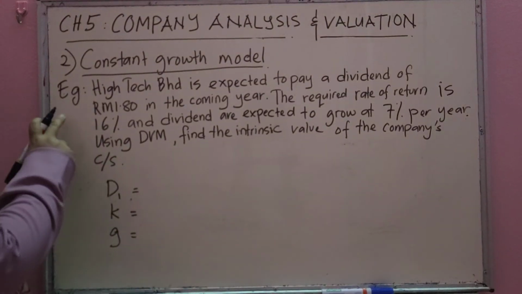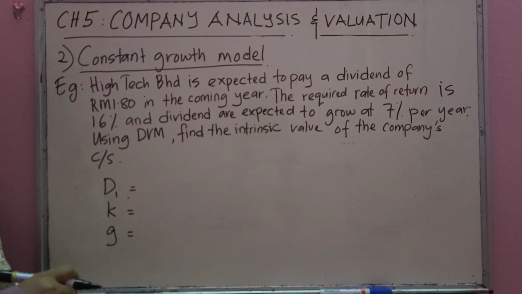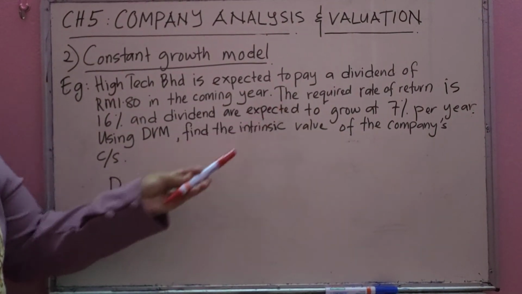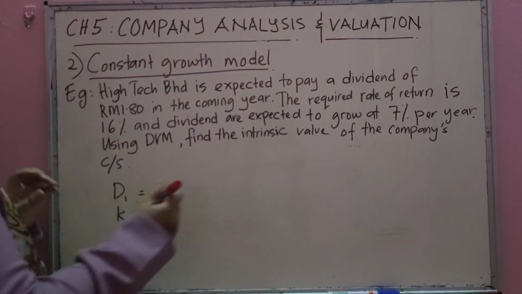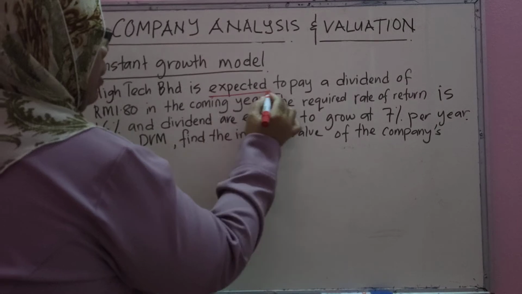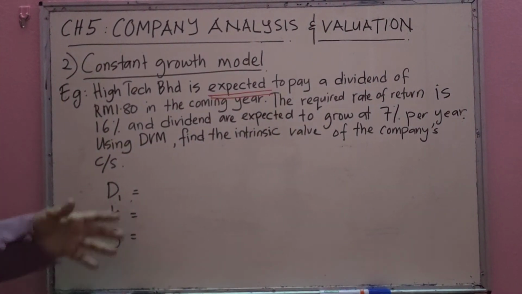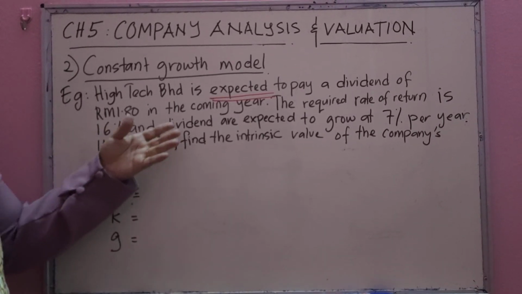Alright, let's look at an example based on the constant growth model. High-Tech Berhad is expected to pay a dividend of 1 ringgit and 80 cents. The keyword here is expected, or future, which refers to D1, in the coming year.